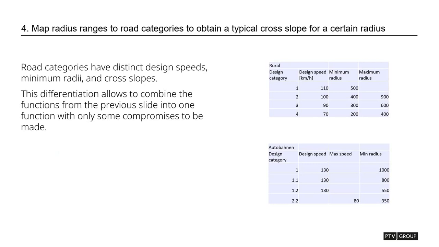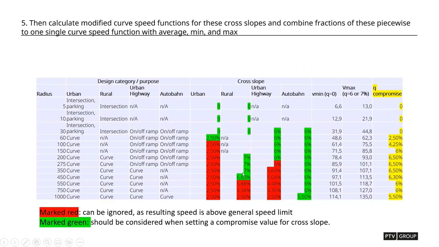Yeah, so what did I do to get from curve speed functions for many road categories to one curve speed function, which is a compromise that's shown here. It is a compromise, but actually it's not so much of a big compromise. It's less of a compromise than you would think initially.